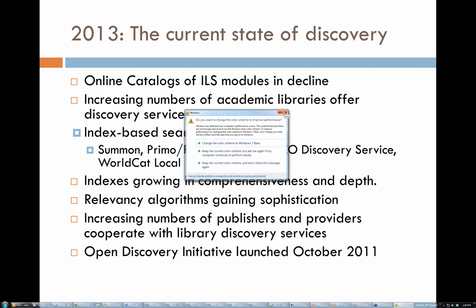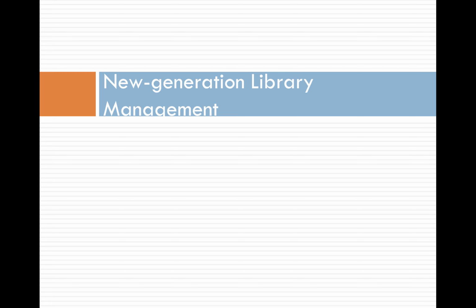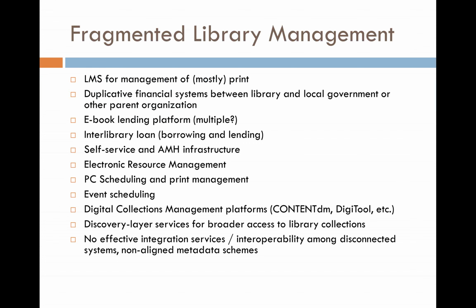providers. So I want to look at the back end of automation for a few minutes. What are the next generation library management systems looking like? Today when I think about what a typical academic library has, it's like the front end. It's fragmented, a bunch of different components that do different things and don't communicate with each other very well.